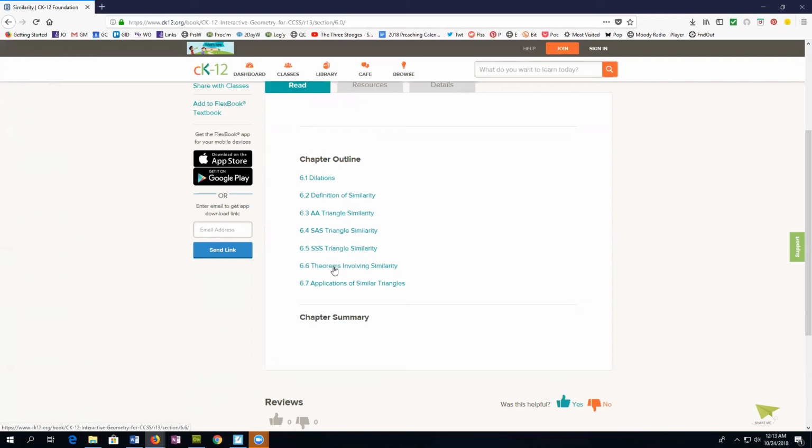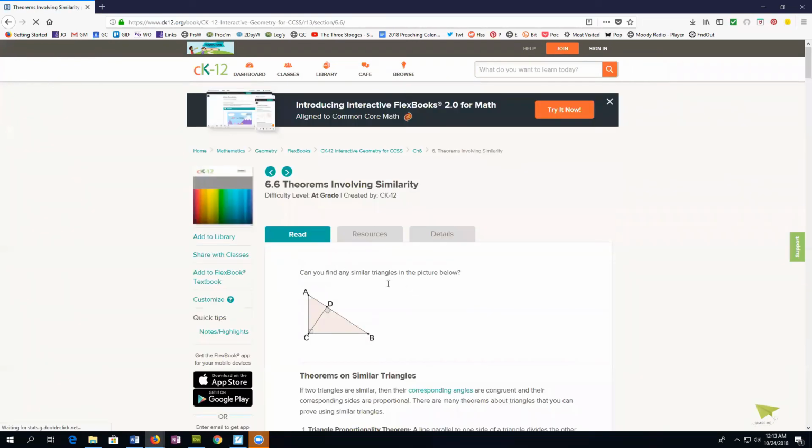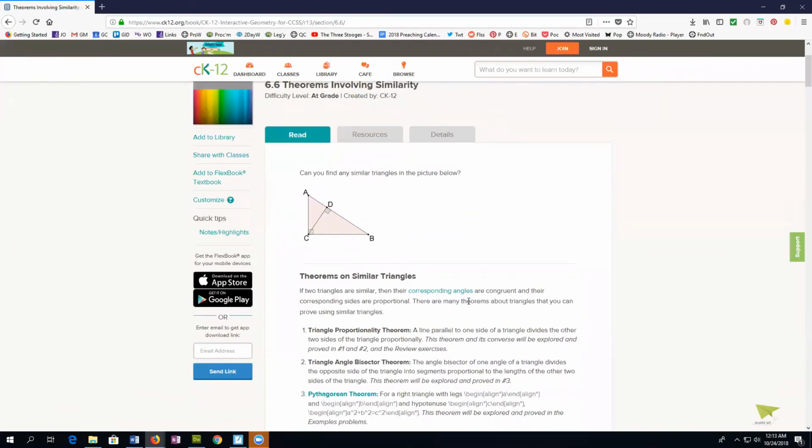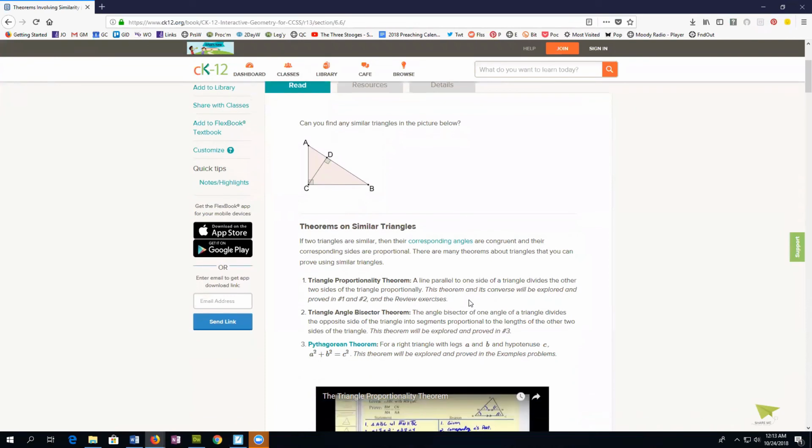6.6, theorems involving similarity. Here we have three theorems. The Triangle Proportionality Theorem, which you want to take down in your notes: a line parallel to one side of a triangle divides the other two sides of the triangle proportionally.